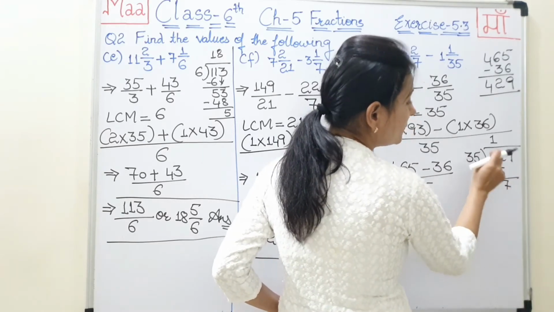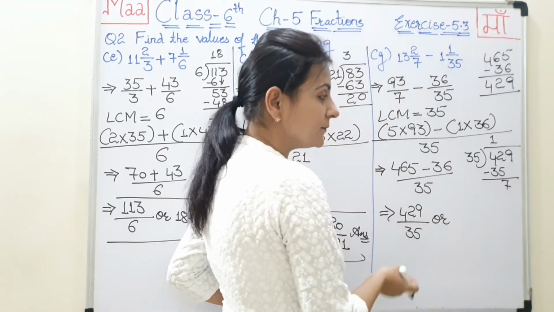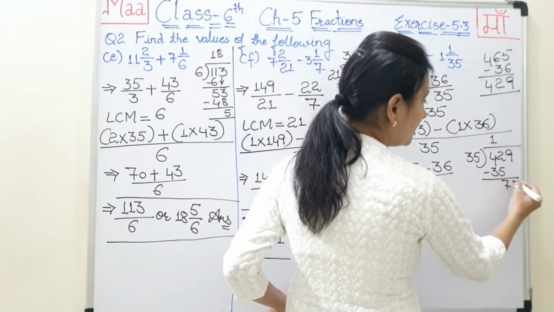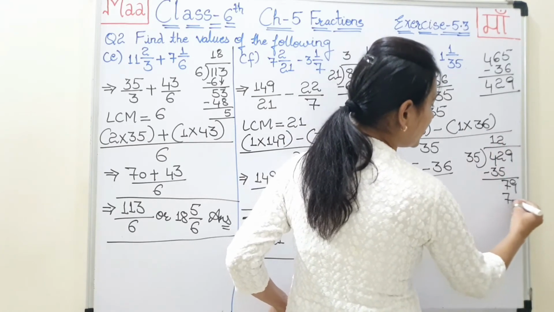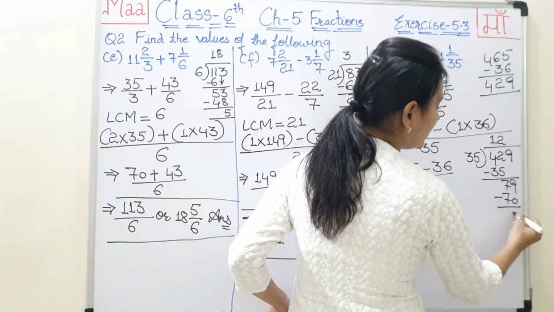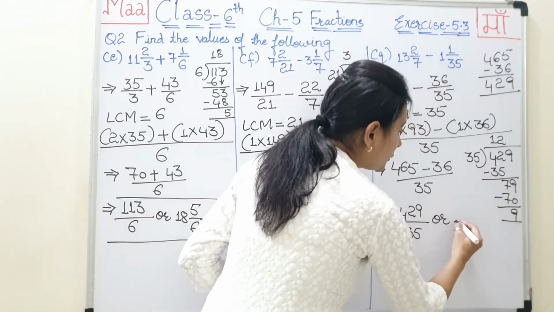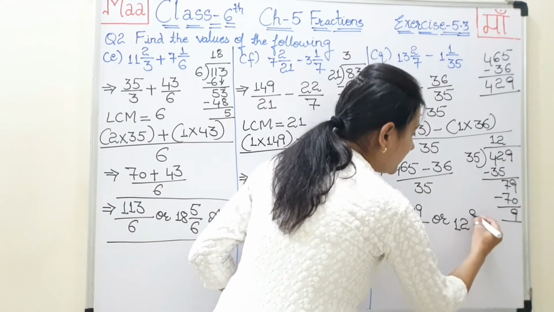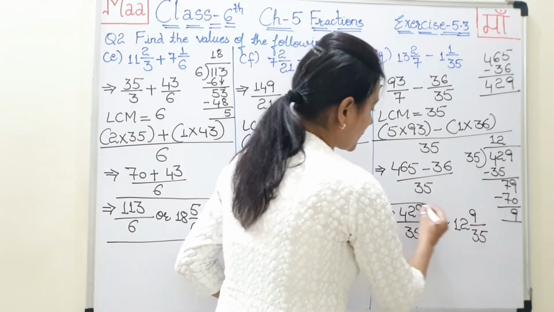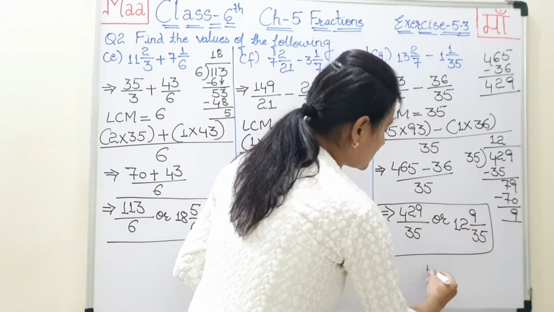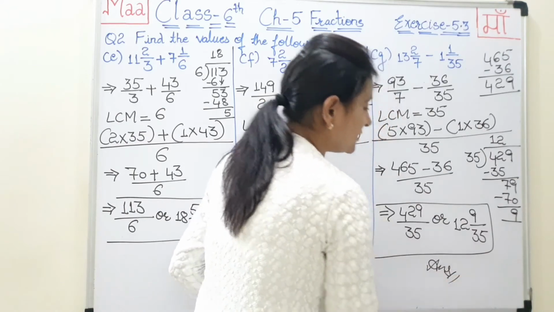Since this 4 has given borrow to 2, so this will become 3. So 3 minus 3 is 0. So we will bring this 9 down and 35 2s is equal to 70. 79 minus 70 is equals to 9. So 12 will come as a whole number, 9 in the numerator and 35 in the denominator. So 12 is to 9 upon 35 is the answer of part G.